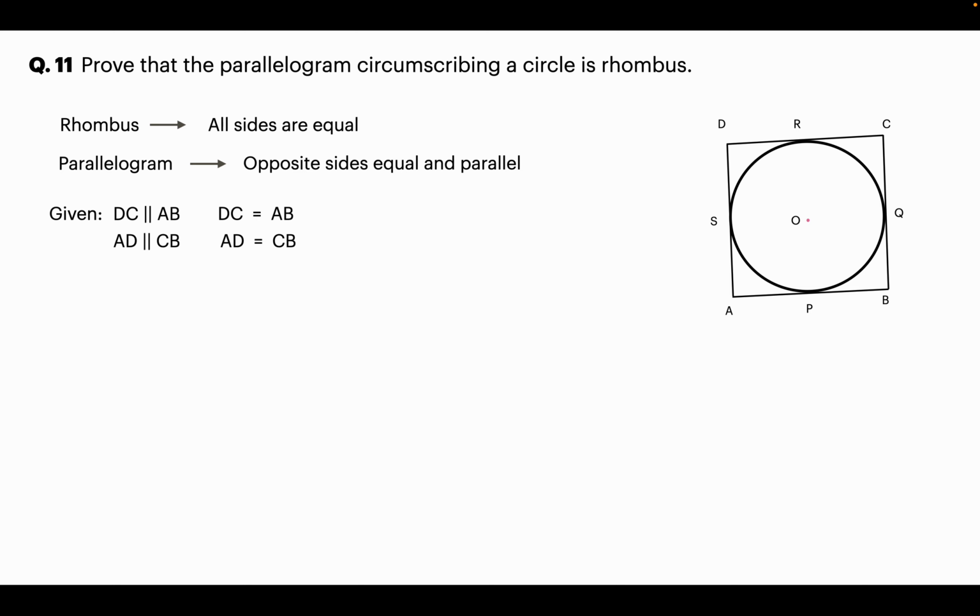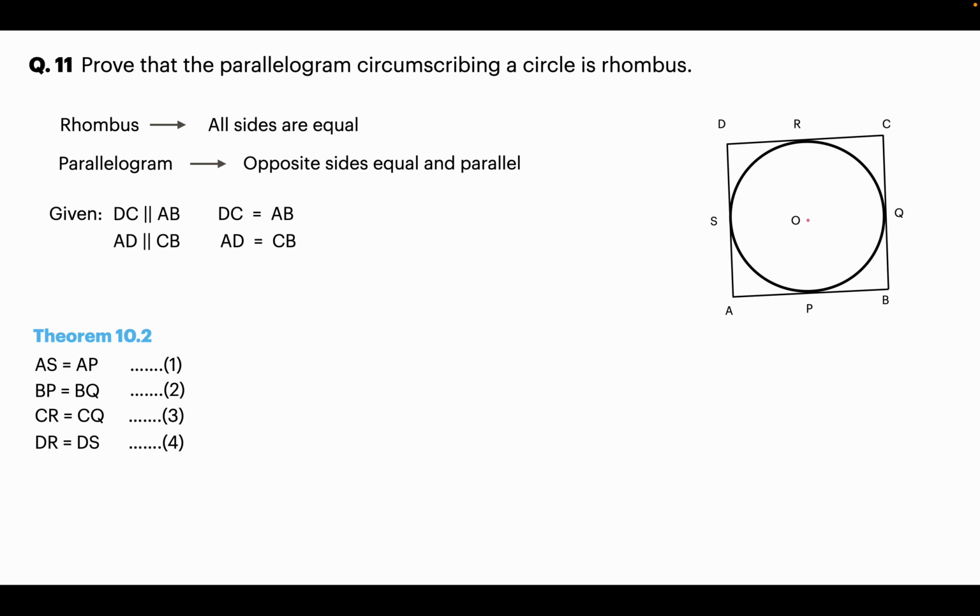Now you know that points A, B, C and D are the external points from where we have drawn tangents touching the circle at points P, Q, R and S. So we can apply theorem 10.2. That means AS is going to be equal to AP, BP is going to be equal to BQ, CR is going to be equal to CQ, and DR is going to be equal to DS.